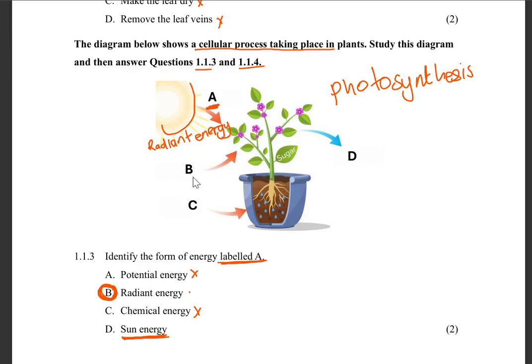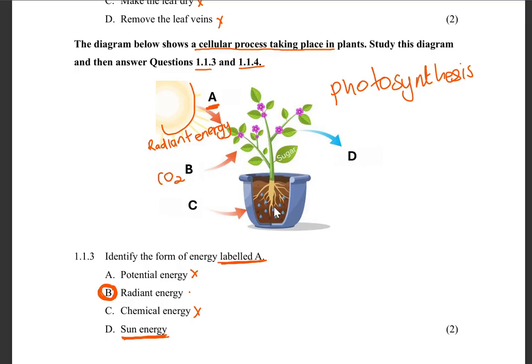Then B here, if you were asked to label B, it's showing you that B is a requirement from the atmosphere, and plants obviously need carbon dioxide, which they receive from the atmosphere.